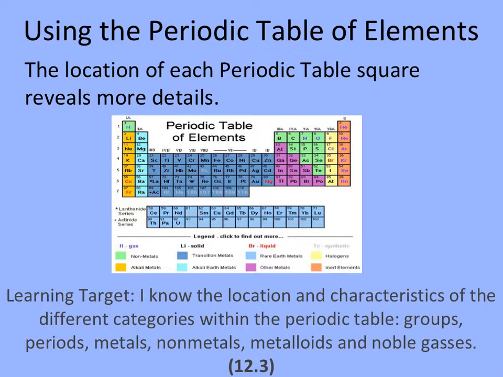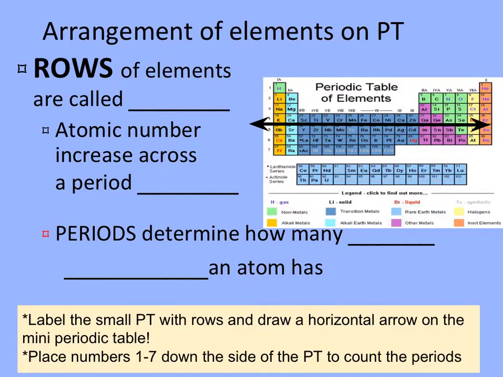All that information is found within one of those tiny little squares. But the way that this whole periodic table is organized gives me even more detail about what's going on with those particles. A couple key things in the organization of the periodic table are what row or column the element is in.